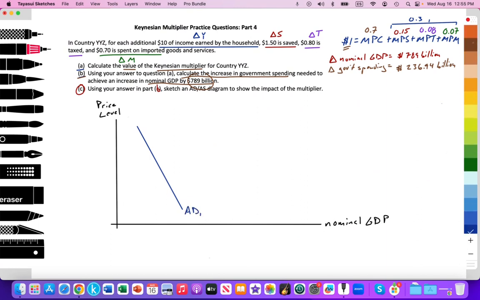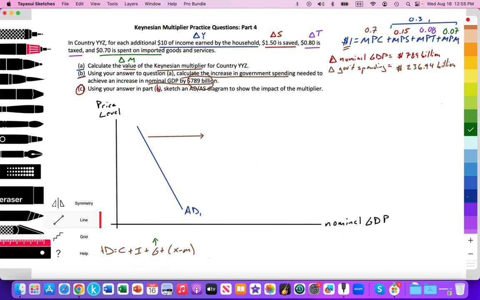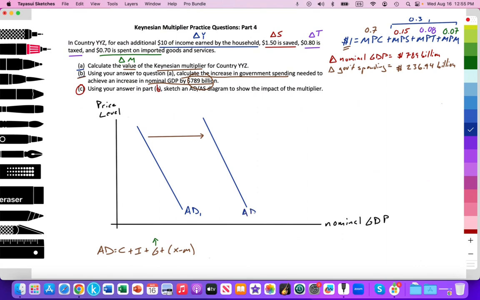And the aggregate demand curve is going to shift out due to an increase in government spending. We know that aggregate demand is equal to consumption spending plus investment spending plus government spending plus exports minus imports. And here we're assuming that the government spending is going to increase. So that's going to cause AD to shift out from AD1 to AD2. So I'm going to label this.